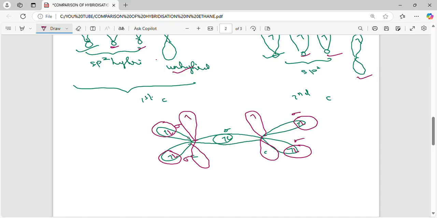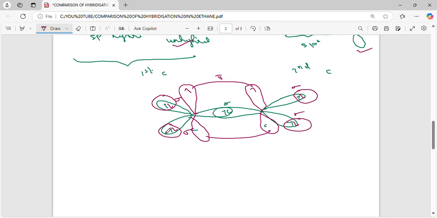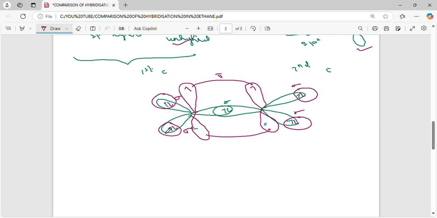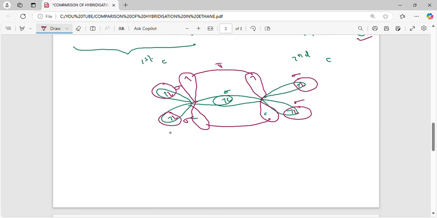This unhybridized p orbital overlaps in this way, and this is called sidewise overlapping. Because of sidewise overlapping, a pi bond is formed. It means between carbon and carbon, one sigma bond has already been formed and now one pi bond is also formed. So the pi bond is due to the sidewise overlapping of unhybridized p orbitals.